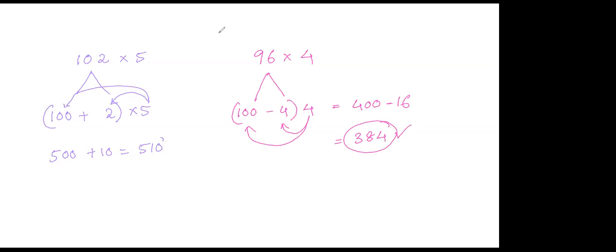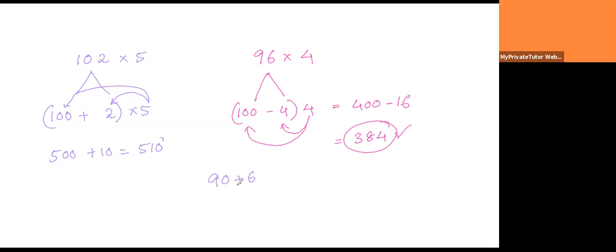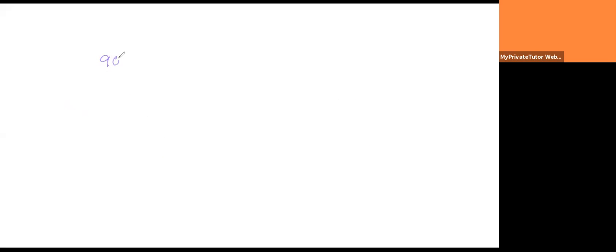Sir, can you do 90 plus 6 times 4? 90 plus 6. Okay, your question. Yeah, so it's up to us. Whichever is easier, we can just do that. For example, let me give an example of 84 times 5, or 5 times 84.